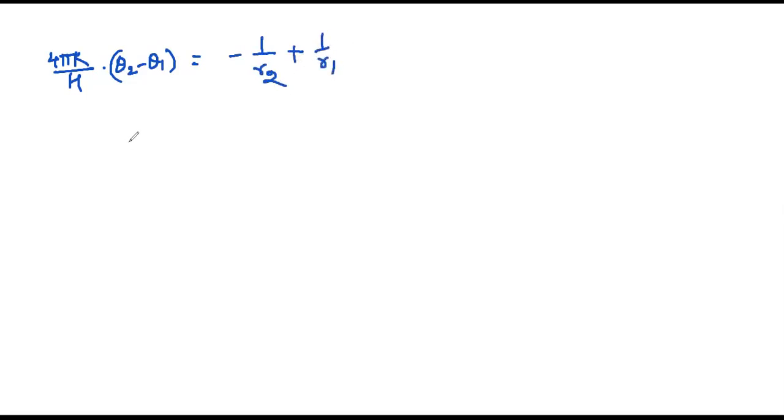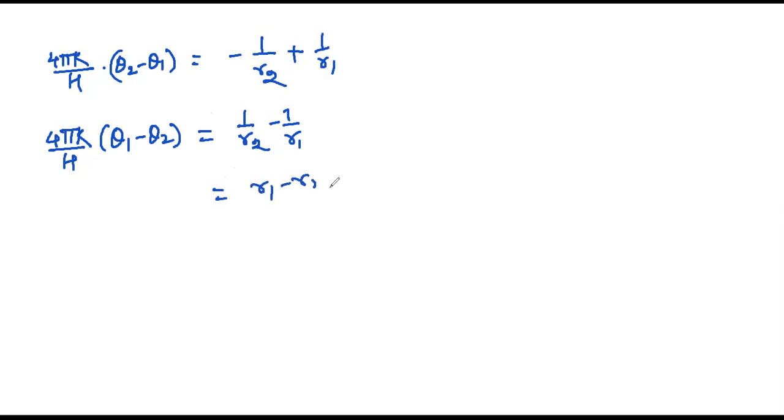So plus हो जाएगा. Yes or not? Now if I multiply with minus sign, what I am getting: 4 pi k by h into theta 1 minus theta 2 is equal to 1 by r2 minus 1 by r1. I have multiplied with minus sign. So इसका LCM ले लो, क्या आएगा: r1 minus r2 divided by r2 r1.